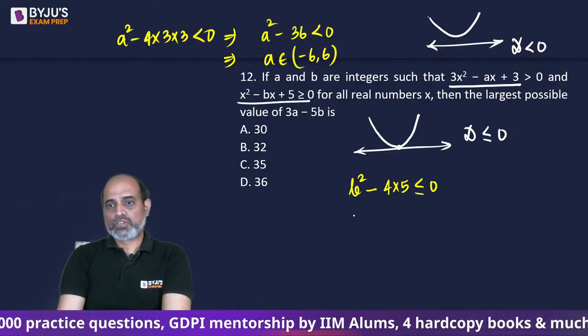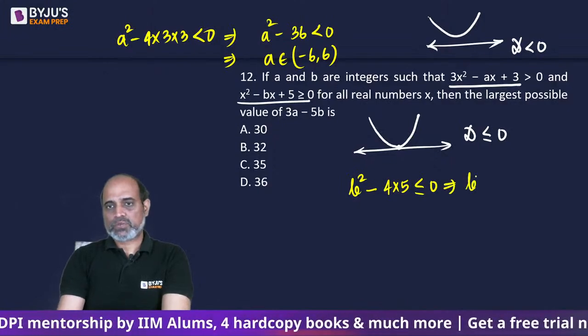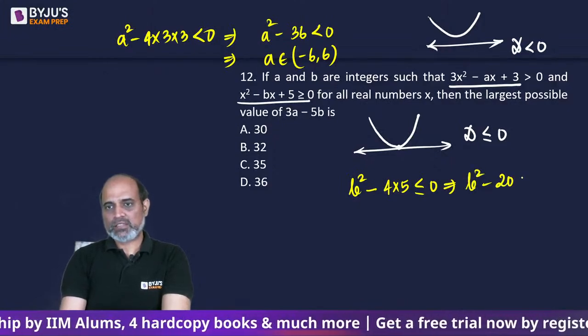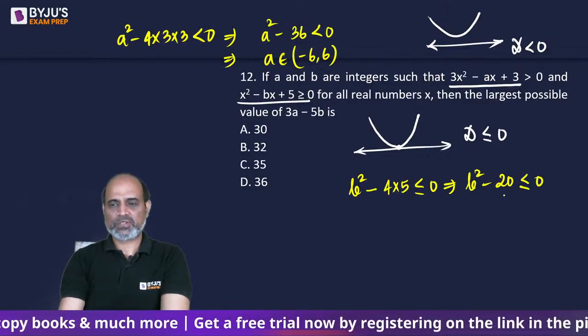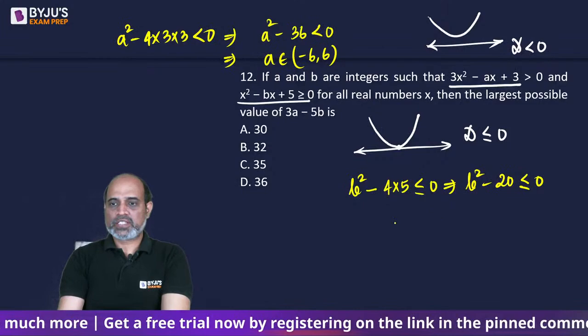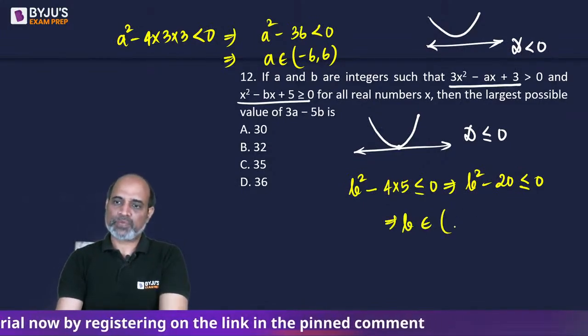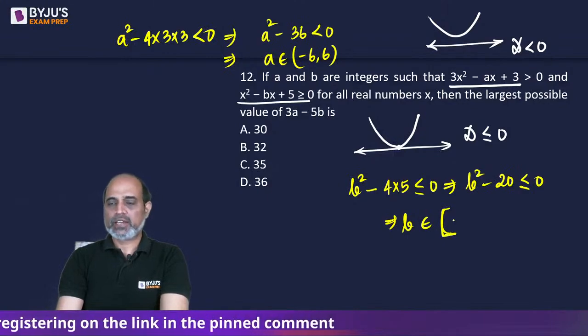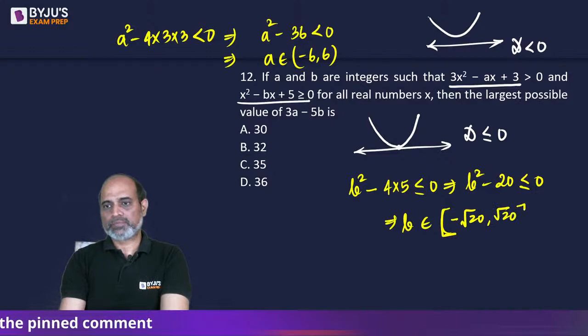So we get b square minus 20 less than or equal to 0. This results in b going from, with a square bracket, minus root 20 to root 20.